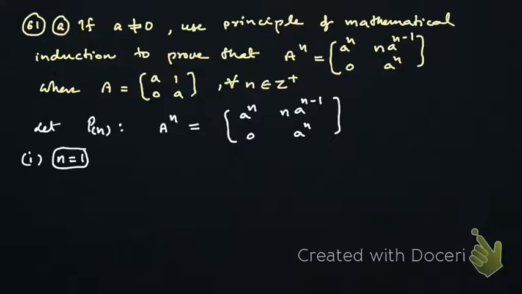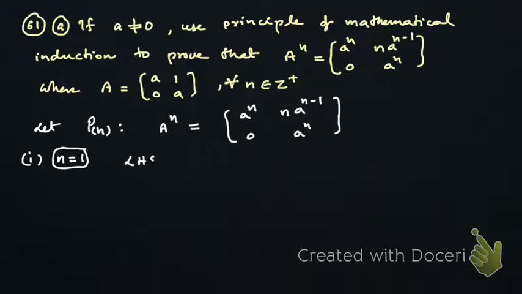I need to prove that this result P of n is true for n is equal to 1. If I want to prove that, I should do the left hand side of it first, get some answer. Then I should do the right hand side of it, get an answer, and show that both are equal.